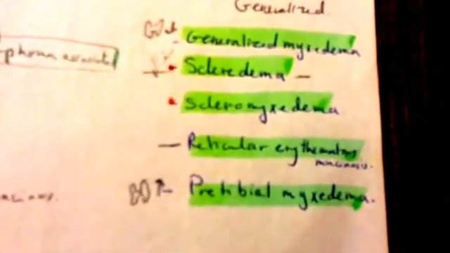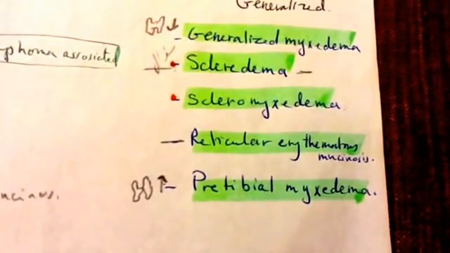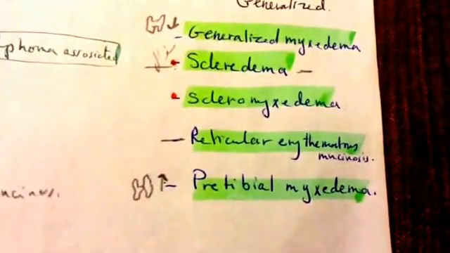And these are the generalized types of the mucinosis: generalized myxedema, scleromyxedema, pretibial myxedema, and scleredema and reticular erythematous mucinosis.